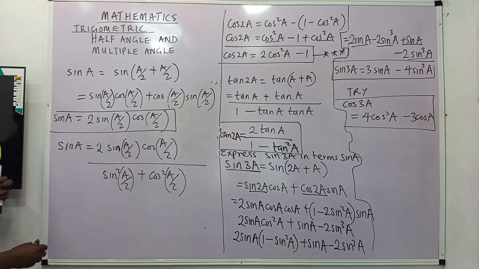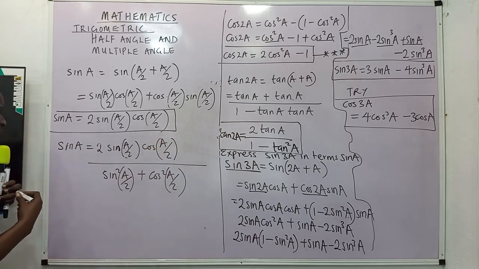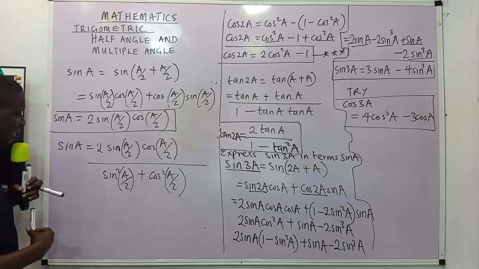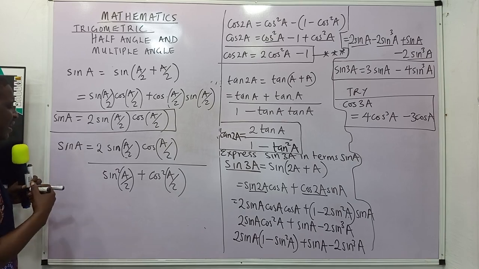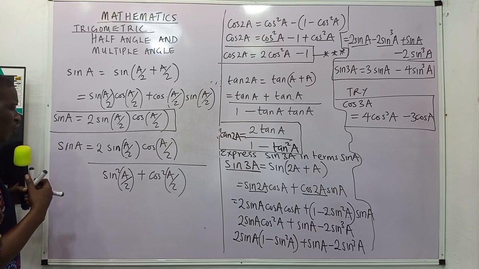Now, let's divide up and down by cos A over 2 sine A over 2. Sorry, let's take it as a square. Let's divide up and down by cos square A over 2.